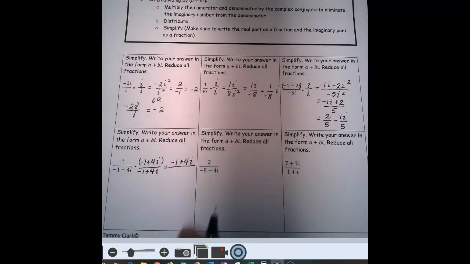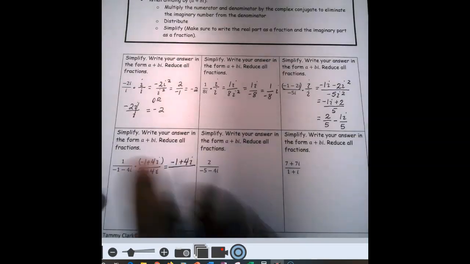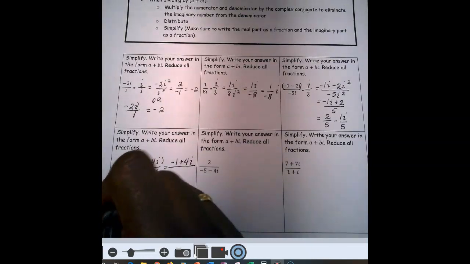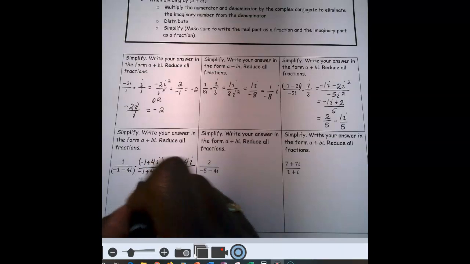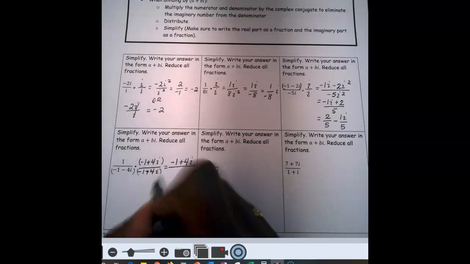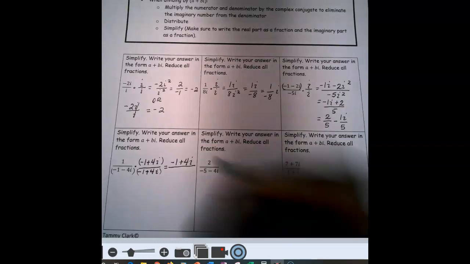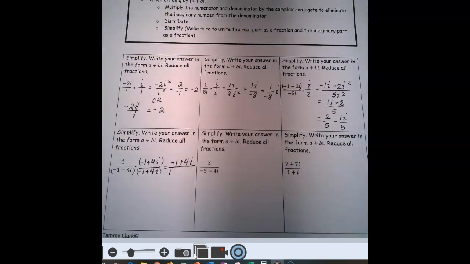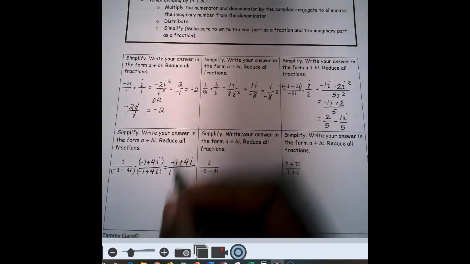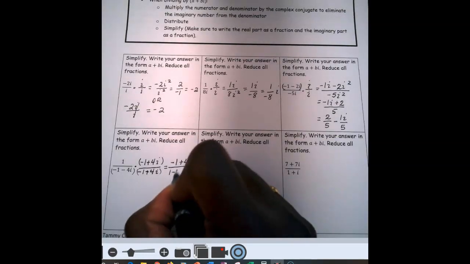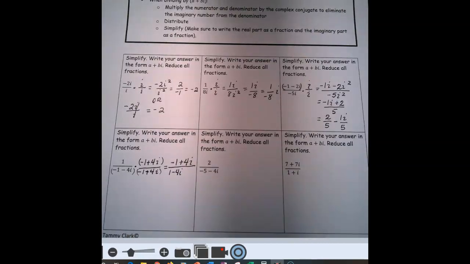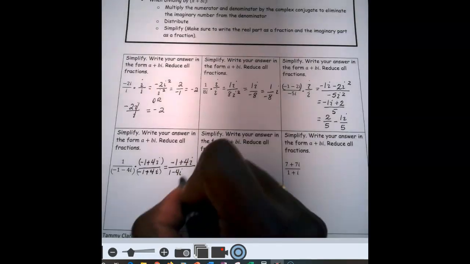Now in the denominator, we're going to have to go ahead and do the distributive property. So -1 times -1 is +1. -1 times +4i is -4i. -4i times -1 is +4i.